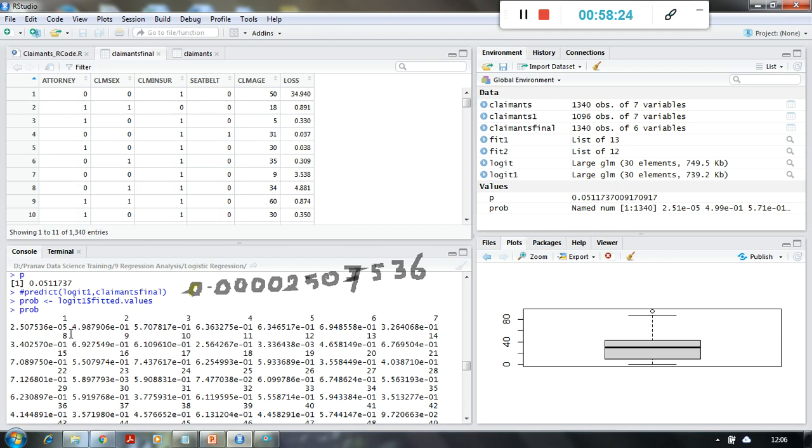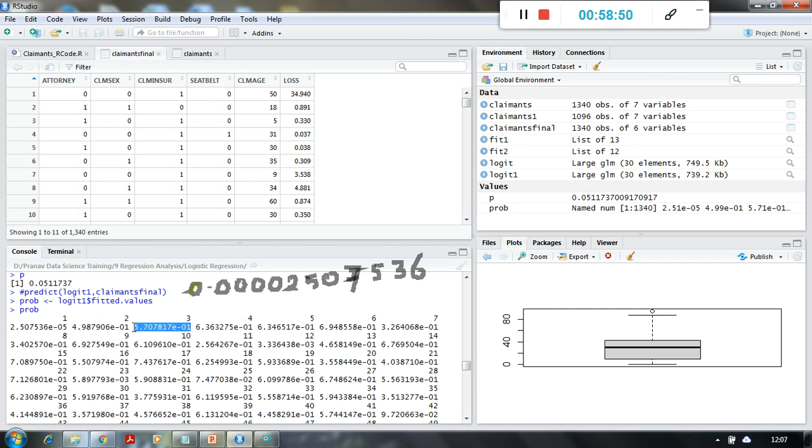Similarly for this one, there is 0.49. 0.49 means a 49% chance that the person is not going to hire an attorney, meaning there is a 51% chance that the person is going to hire an attorney. So this is a wrong interpretation, or wrong fitted value, which we have got over here.